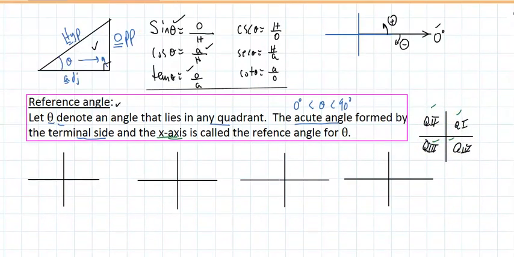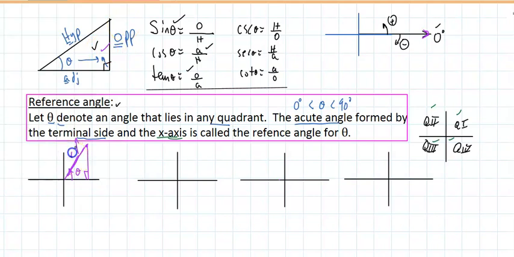Suppose I rotate and theta, I stop in quadrant 1 somewhere. So I have this side. I'm supposed to start on the positive x-axis. I rotate and I stop right there. So this is the terminal side of the angle theta. I'm going to run from that side straight to the x-axis, creating my triangle.